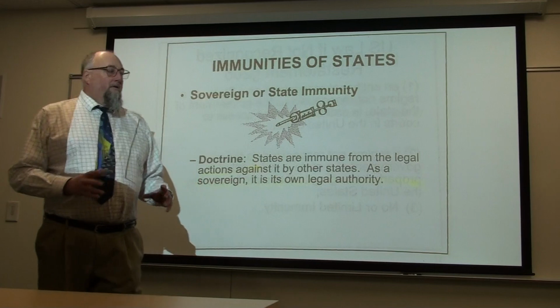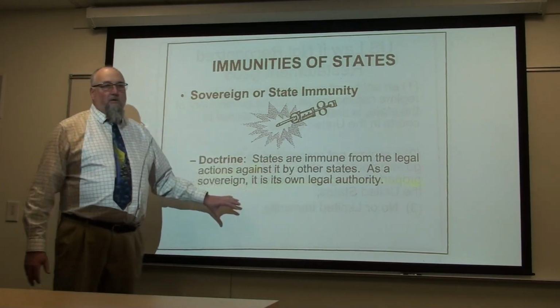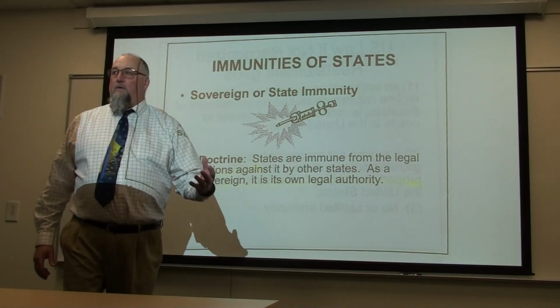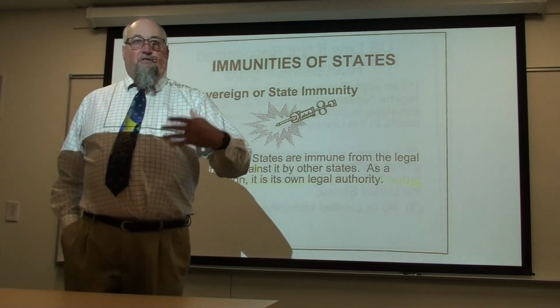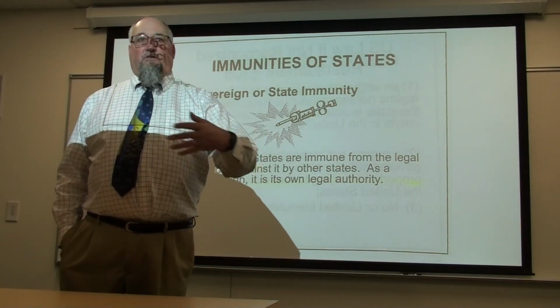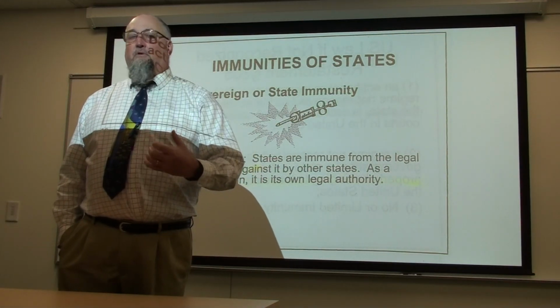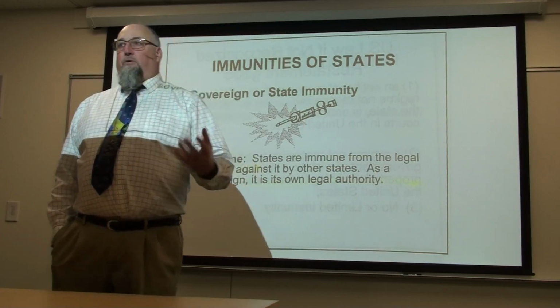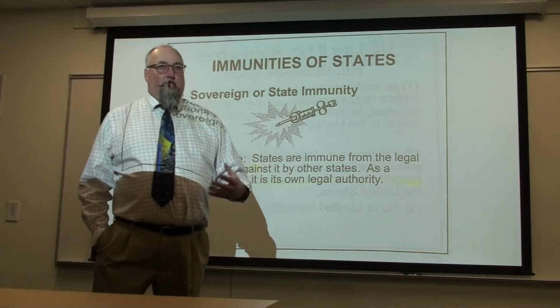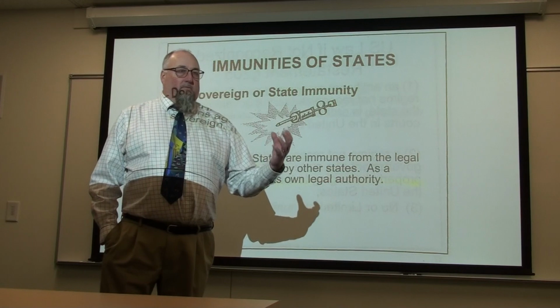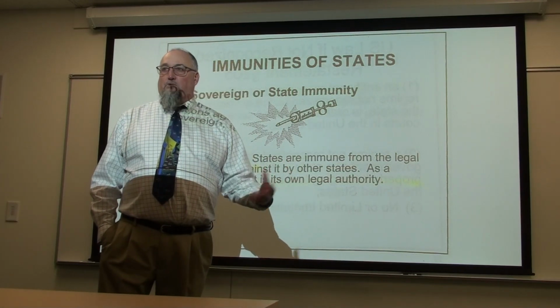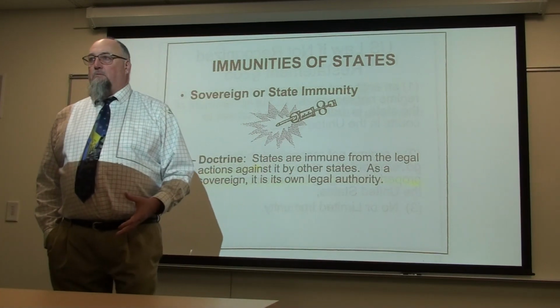This also leads to the idea of diplomatic immunity. That is, when states exchange diplomats, ambassadors, diplomatic staff, in order to promote international diplomacy, with some exceptions, those diplomats will be immune from local laws.